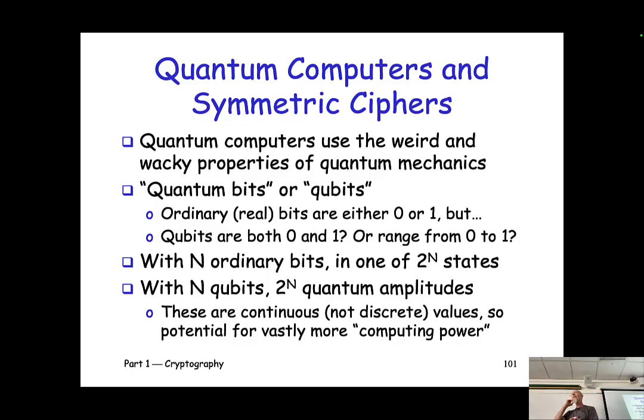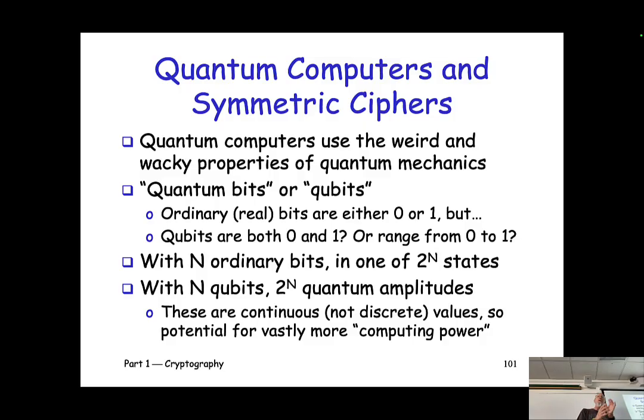But quantum computers are designed based on properties of quantum mechanics, which is a very weird topic if you've ever taken a physics class, right? So quantum bits or qubits, sometimes they're said to be both 0 and 1. That's not quite true. They're actually continuous values. Each qubit consists of 2 different continuous values.